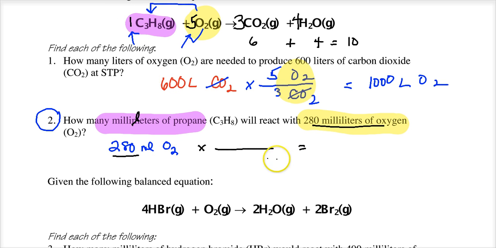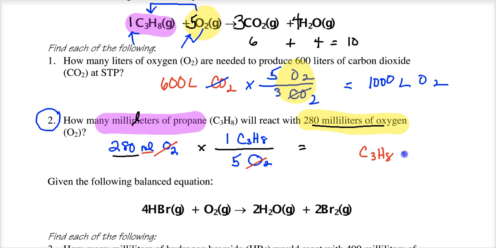So let's get rid of O2. O2 goes on the bottom. I want propane, C3H8, and I know that there's 1 of these per 5 of these. Now listen, O2 cancels, and I'm left with C3H8, and I started with milliliters.